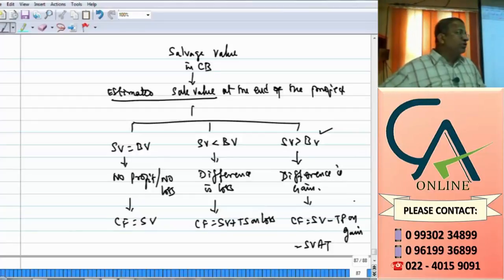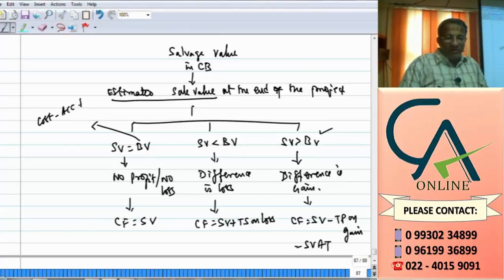So you can say that most of the problems have not considered tax. That means it would have been the case where salvage value is equal to book value. What is book value? Book value is cost minus accumulated depreciation. So when I record only my cost, who is there to ask me for any tax on that? I will just knock it off.